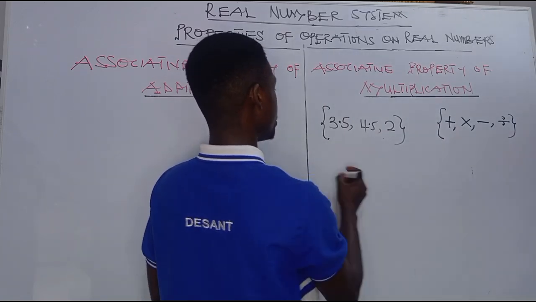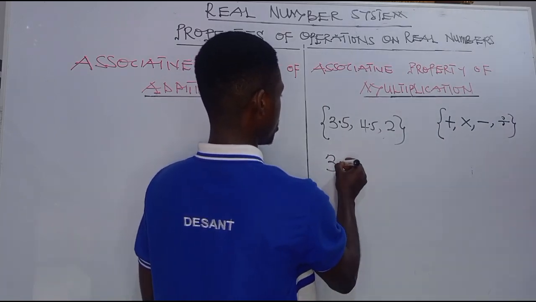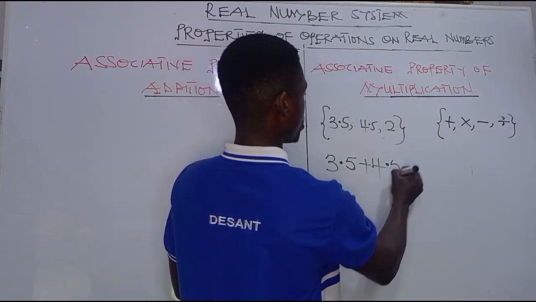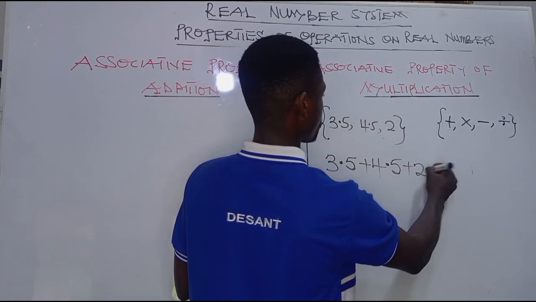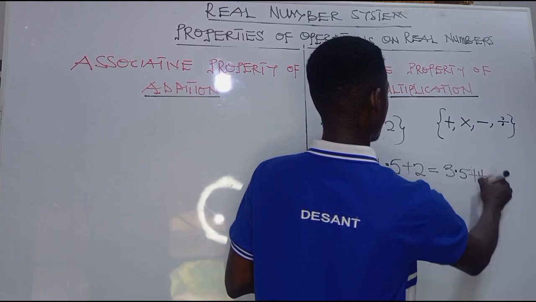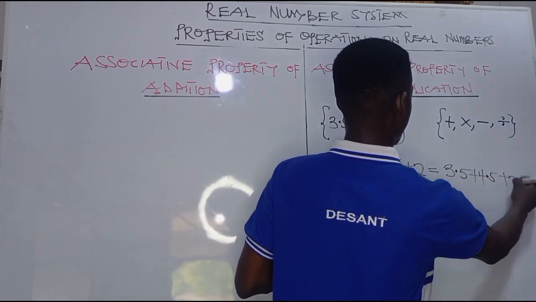We are still on the addition operation. We have 3.5 plus 4.5 plus 2. So we have the same 3.5 plus 4.5 plus 2.